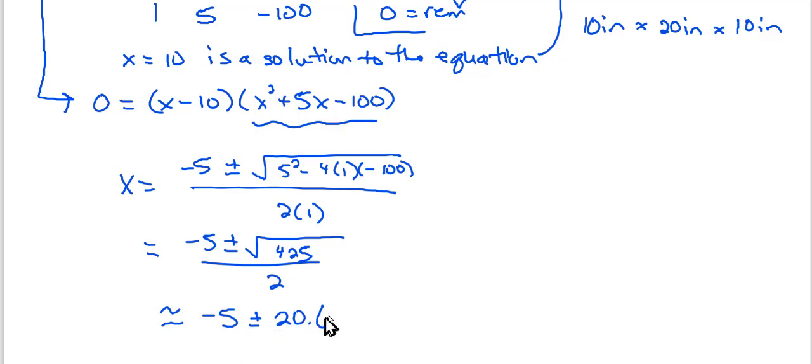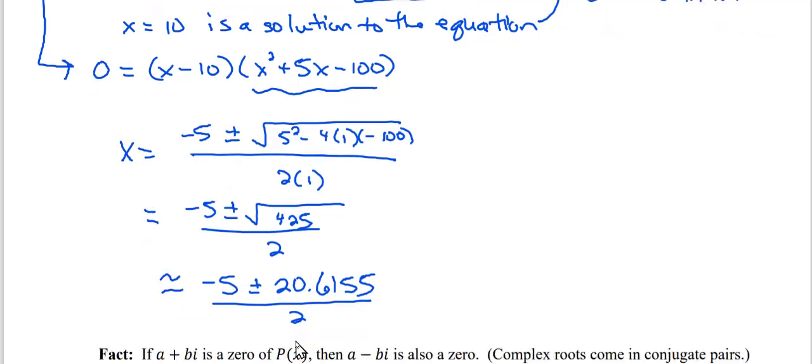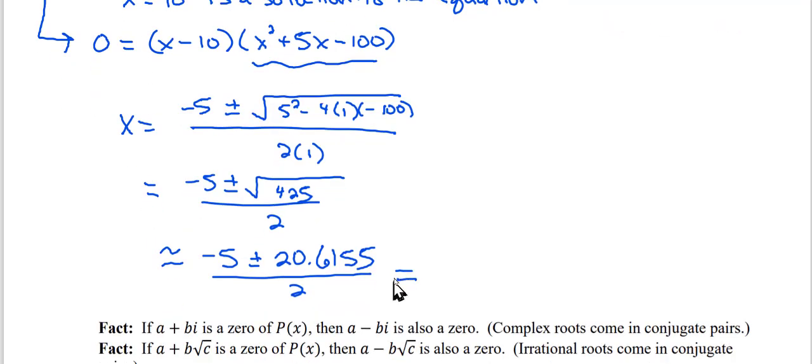I'm actually going to do a couple extra spaces and then round at the end just to make sure. I would probably put the whole thing in my calculator all at once instead of rounding at this intermediate step, but that's okay. The negative here, negative 5 minus 20.6155, doesn't make sense at all. That's going to give you a negative number. So I'm going to take that 20.6155.